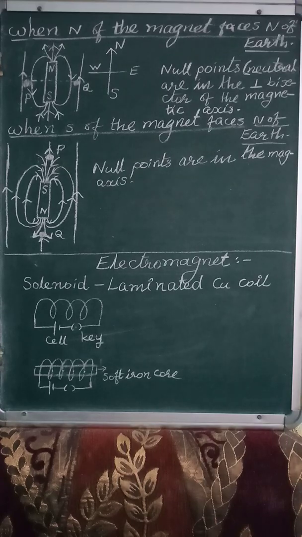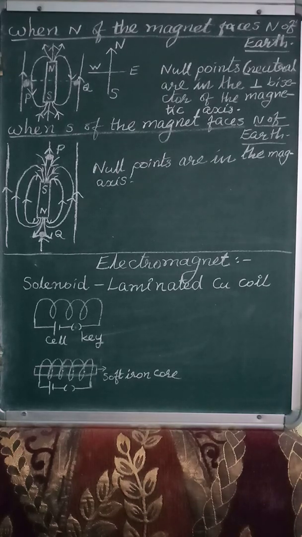It is used in electric cranes. It is used to separate magnetic material from non-magnetic material. To separate out magnetic material like iron from non-magnetic material, we use an electromagnet.